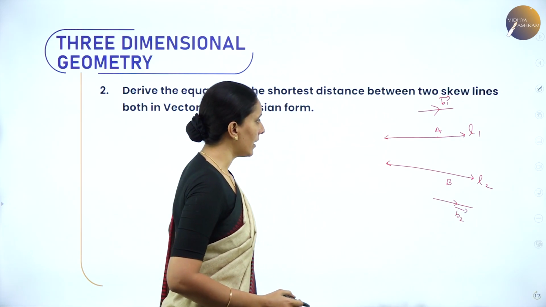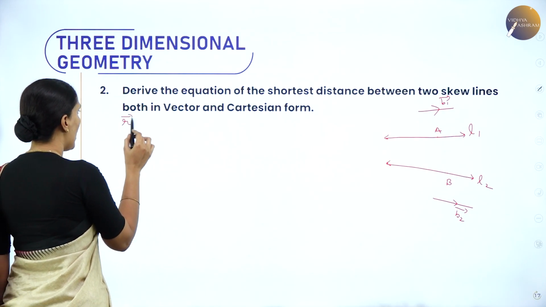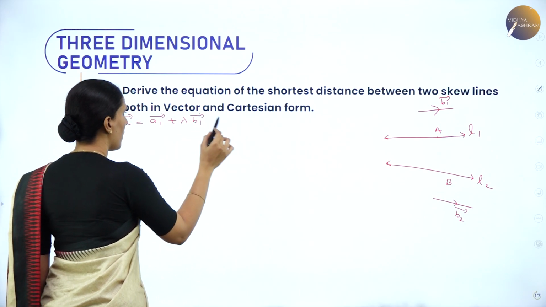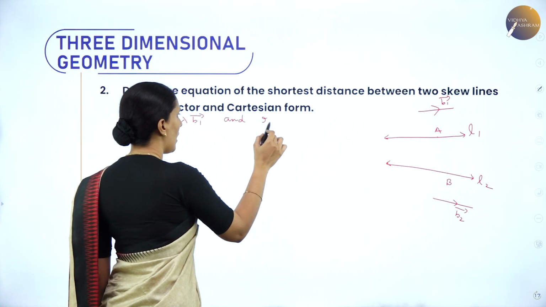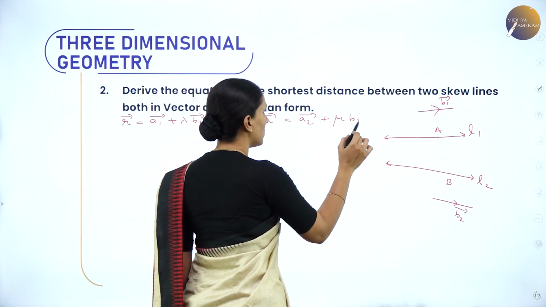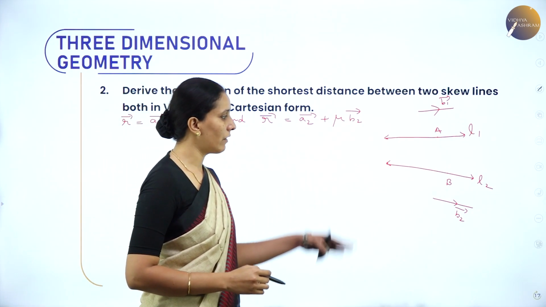Now, using this condition, we have the equations of the lines as vector R equals vector A1 plus lambda B1, and vector R equals A2 plus mu into B2. Let this be the vector form of the given equations of lines L1 and L2.